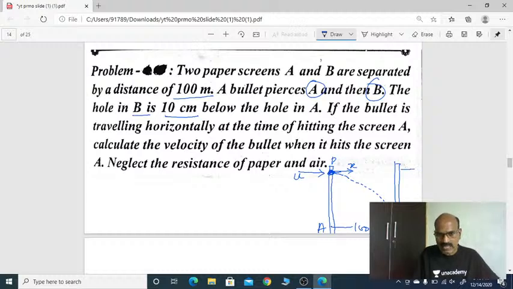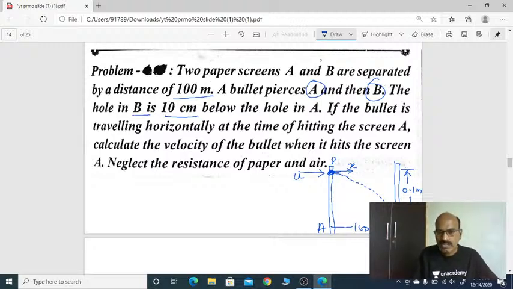What is the distance given? The hole in B is 10 centimeter below A. So this is A actually. 10 centimeter, converted into meter, is 0.1 meter below the A. The bullet you are firing here, after penetrating this, goes and strikes B also and comes out.